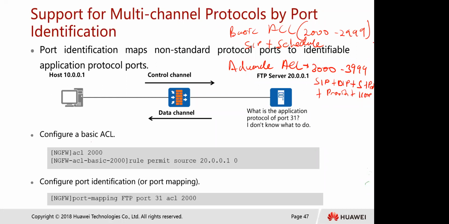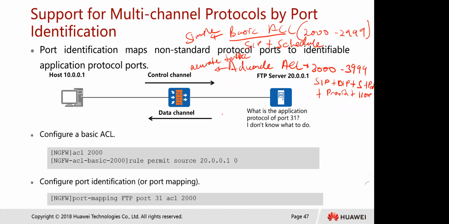In most functions, advanced ACLs can be used for accurate traffic matching. Take note that this is used for accurate traffic matching. Basic ACL uses only the source IP address plus a schedule, and is used in simple matching scenarios.